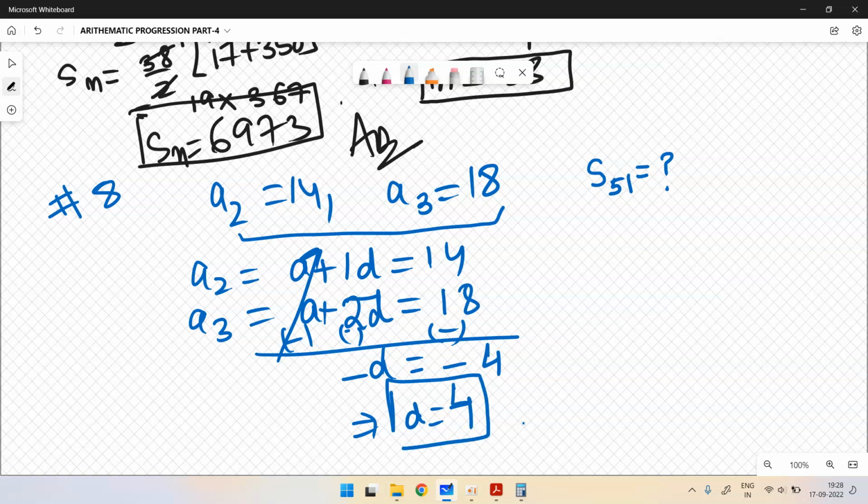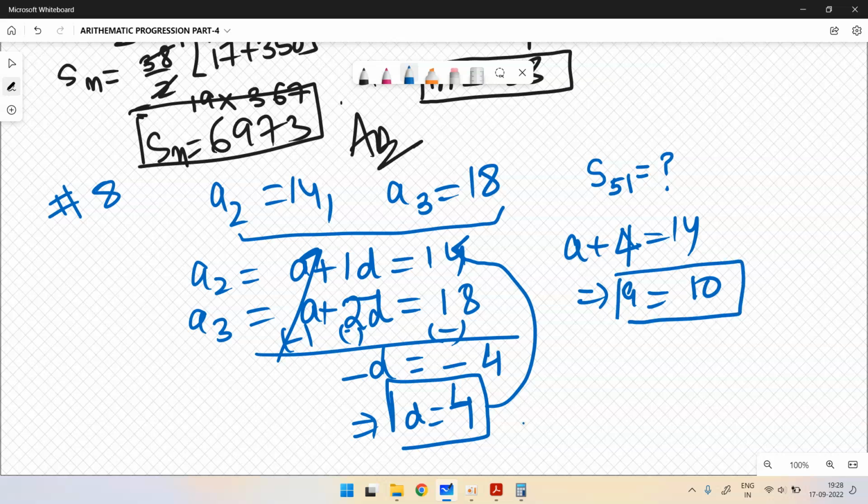Now I put this value here: A plus 4 equals 14, which implies that A equals 10. 14 minus 4 is 10.